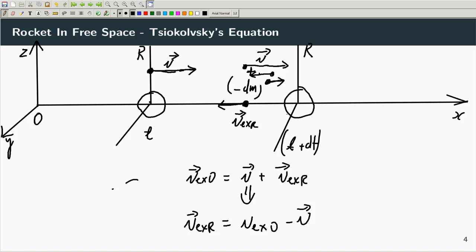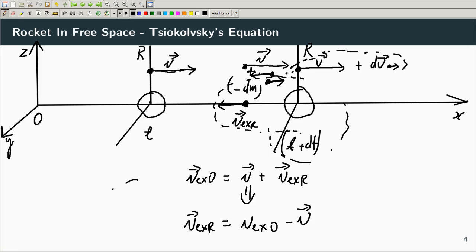I should also say that in this small time period, the rocket itself has its initial velocity plus a new velocity dv, so some small velocity like so. And we'll say that's the rocket system there. I'll include all of that, and that's the initial rocket system there.